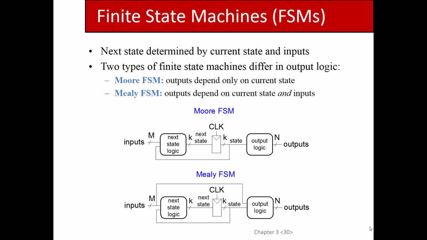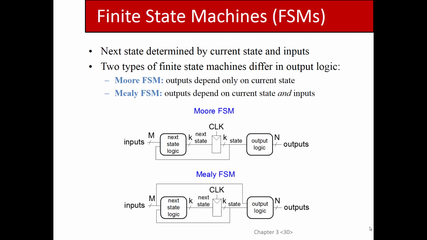Now you might be thinking, well, who cares? What difference does that make? The difference is that with a Moore machine, the outputs can only change on the clock edge. They don't always change, but the only time the outputs of a Moore machine can change is on the clock edge, which means that a Moore machine is synchronous. Everything is synchronous.